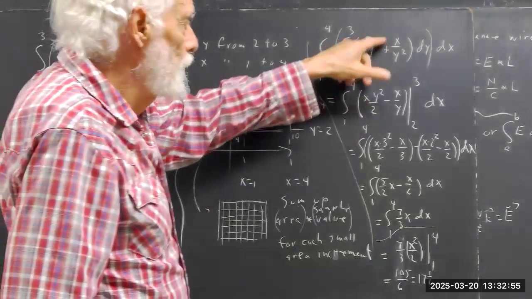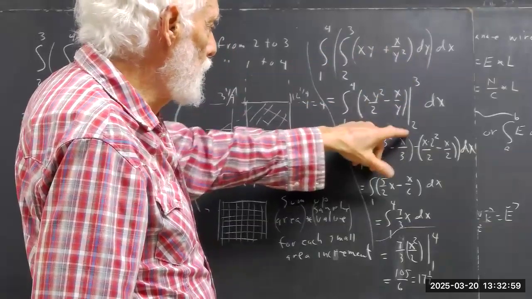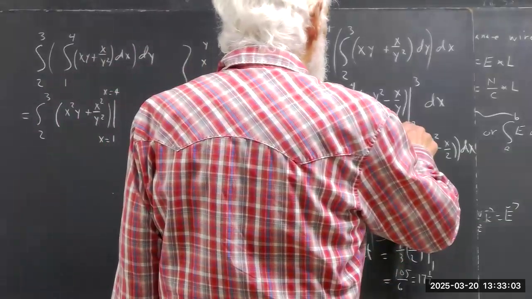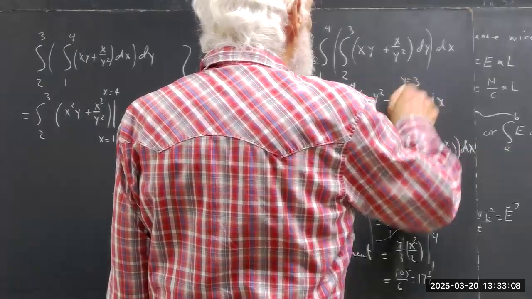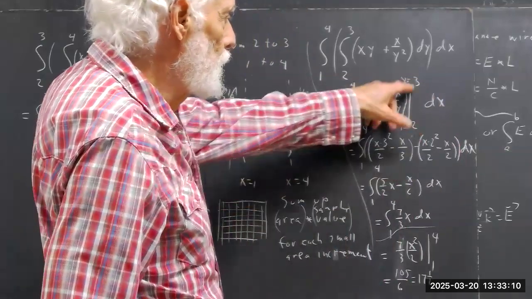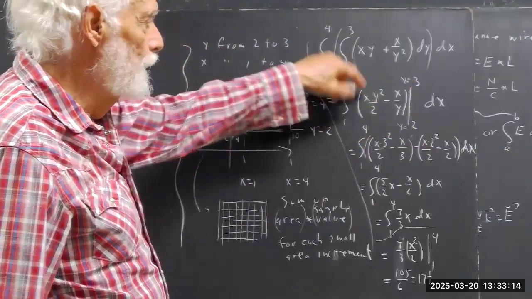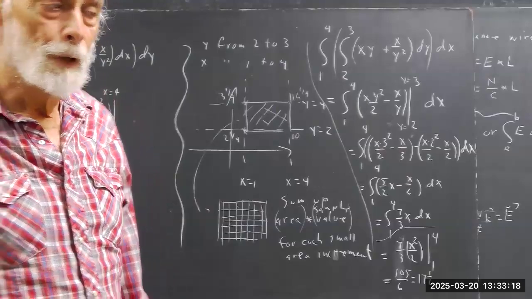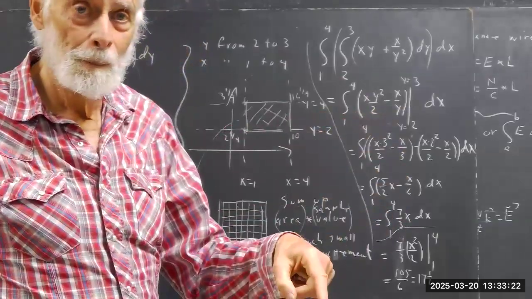Now over here, when I wrote down this expression, I integrated with respect to y and evaluated it at 3 and 2. As I did in the first example, it doesn't hurt to say y equals 2 to y equals 3, so you don't accidentally substitute what should be a y for an x. Does that make sense? In other words, you want to keep track of what it is that's going to be substituted here.